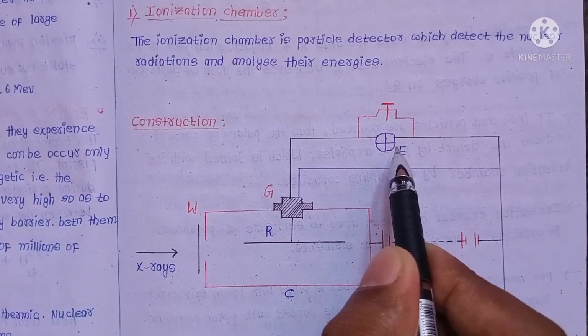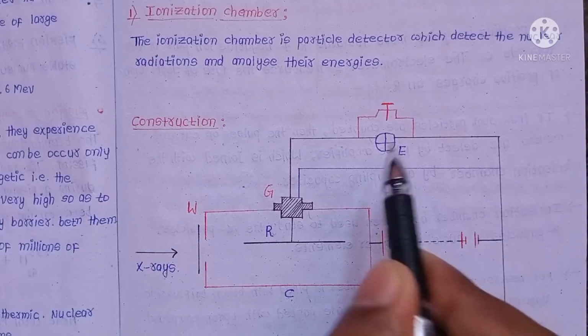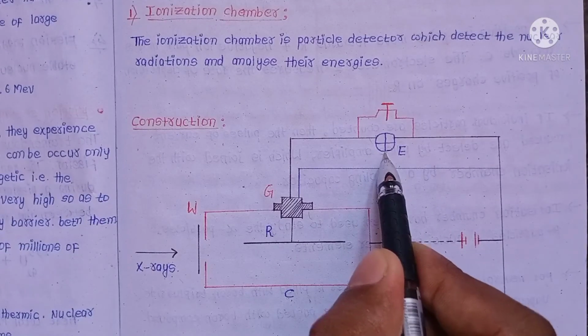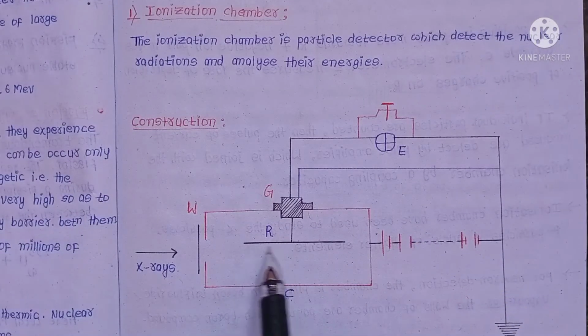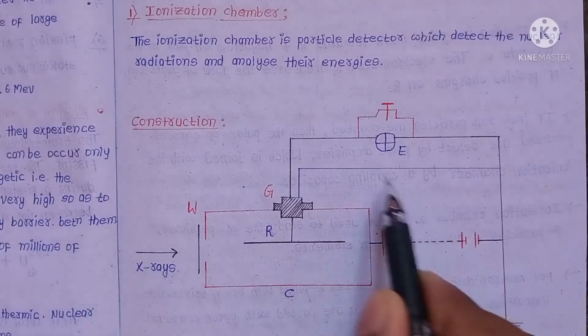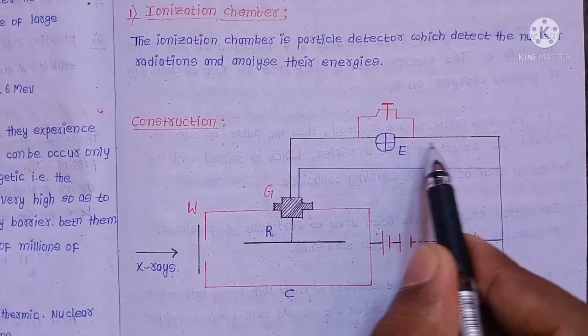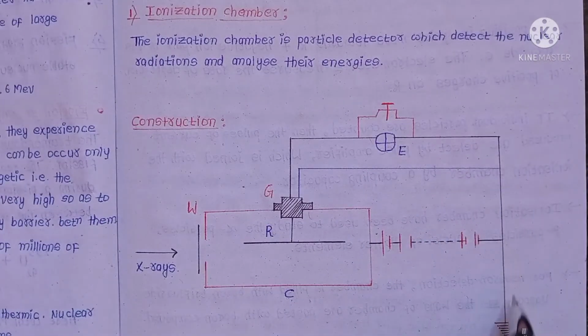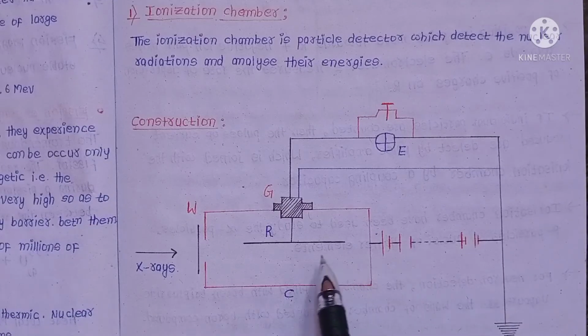The main purpose of this electrometer is to measure the generation or deposition of these positive ions over the metallic rod R. When this pulse of current is generated, the current passes through these lines into the amplifier, which amplifies the signal generated inside this metallic cylinder.